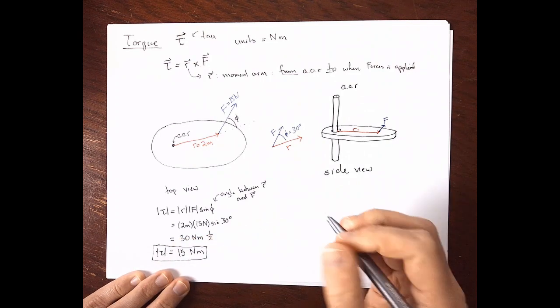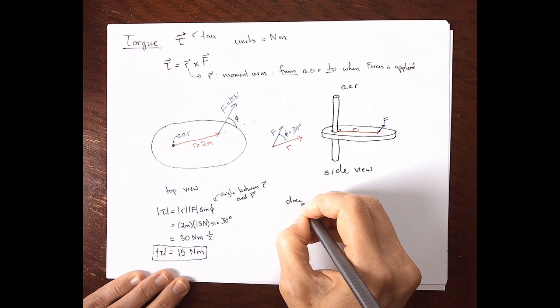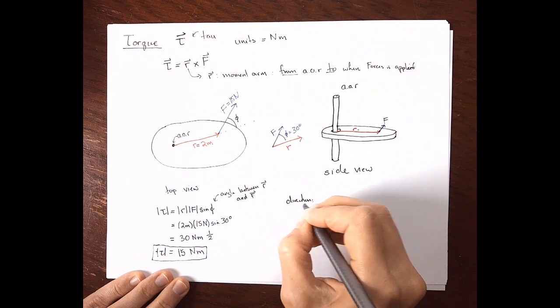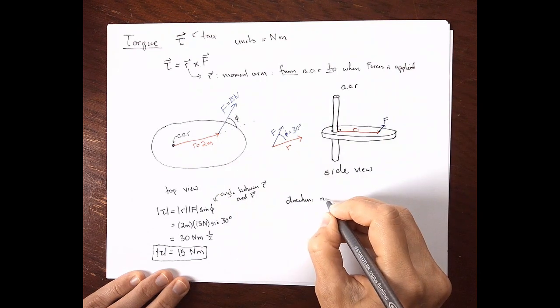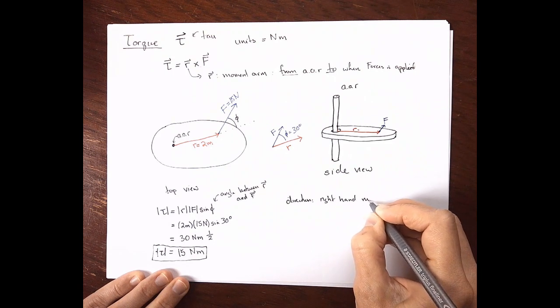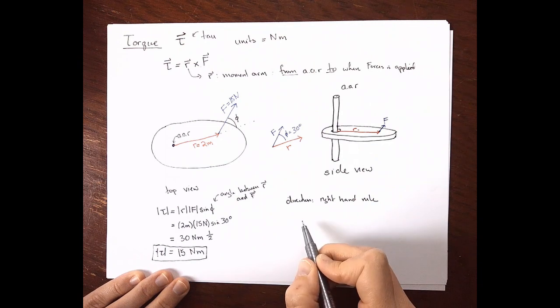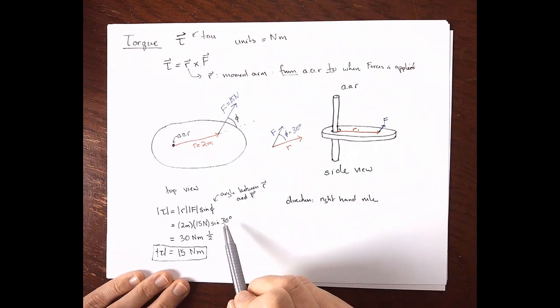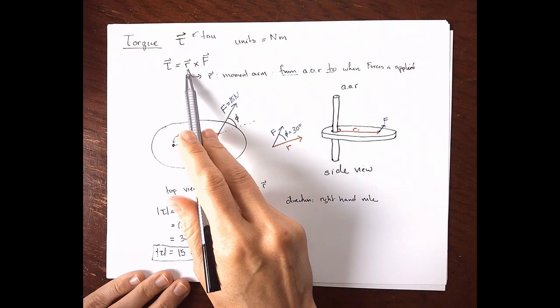Okay, how do we find the direction? Well, it's a cross product, so we use the right hand rule. So we take our right hand and we point our fingers in the direction of the first vector. That's the direction of the moment arm.